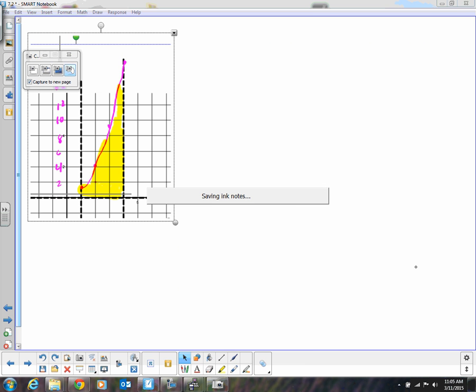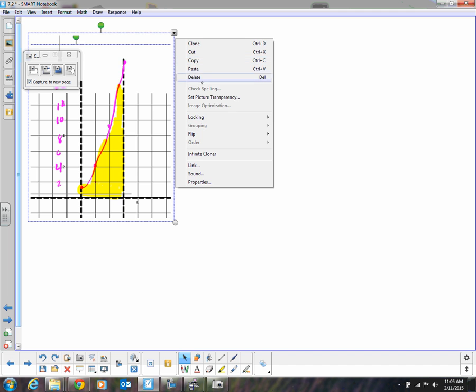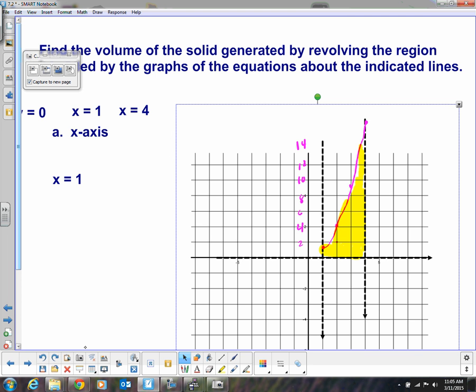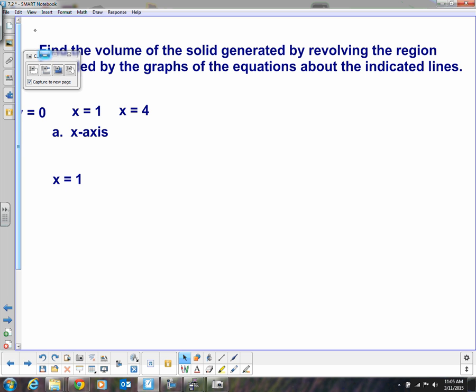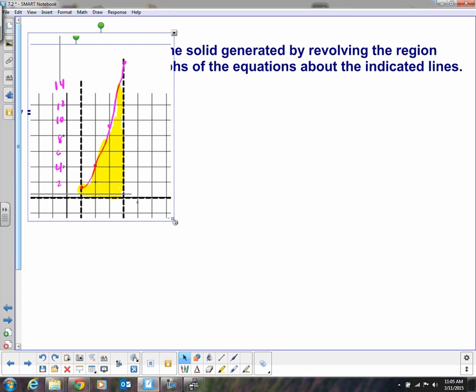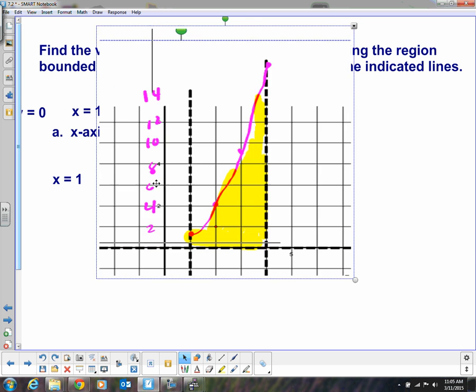Okay, so now I'm going to copy it, come back here, delete this, and edit, view, edit. The reason why I'm going to do this is because I can make it bigger.